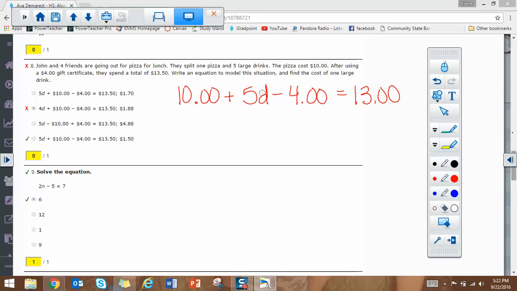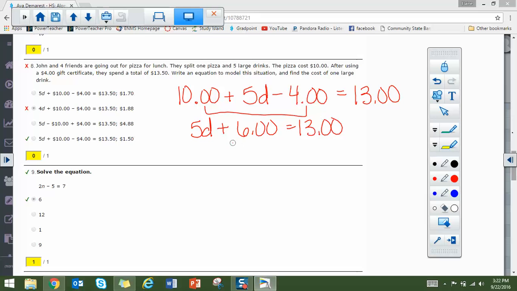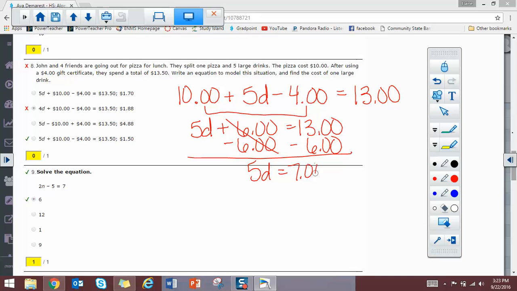And then we want to combine like terms, so that's 5D plus $6 equals $13. We're going to subtract 6 from both sides. 5D equals $7. Then divide both sides by 5. So in a calculator you're doing 7 divided by 5.